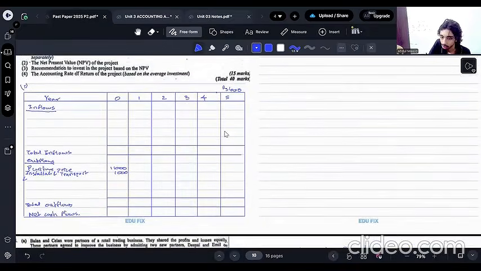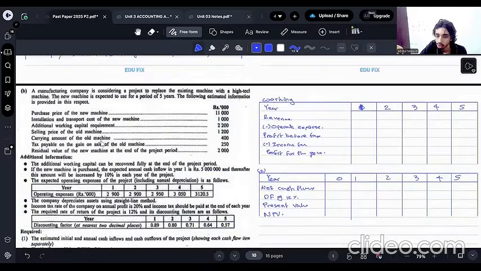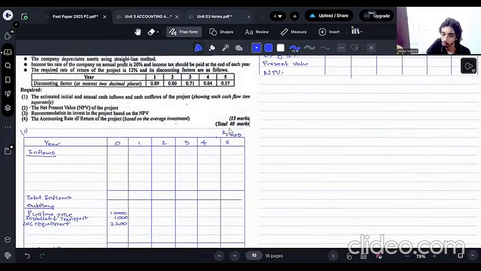You can say working capital requirement 2,200. Selling price of old machine 1,200 will be an initial outflow. Selling price 1,200.